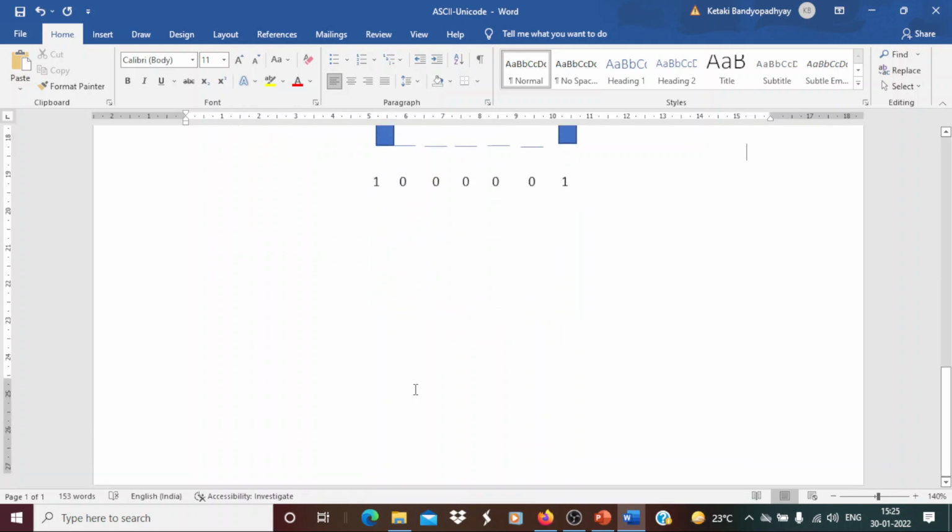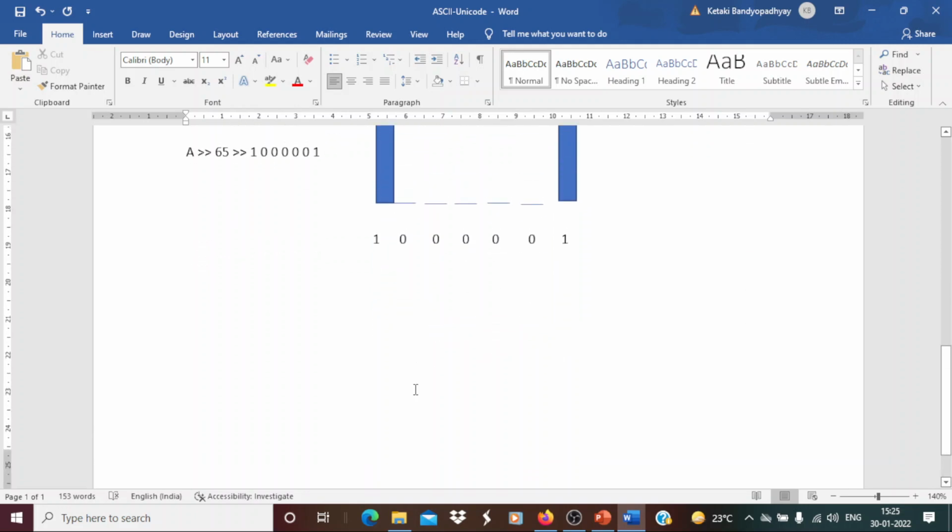But what is the problem with this ASCII? Why can we not utilize it for our Indian regional languages? The problem is that it is the American Standard Code for Information Interchange, and it is either a 7-bit ASCII code which can represent a maximum of 128 unique characters, or an 8-bit ASCII code which can represent 256 unique characters. This is based on mathematics.